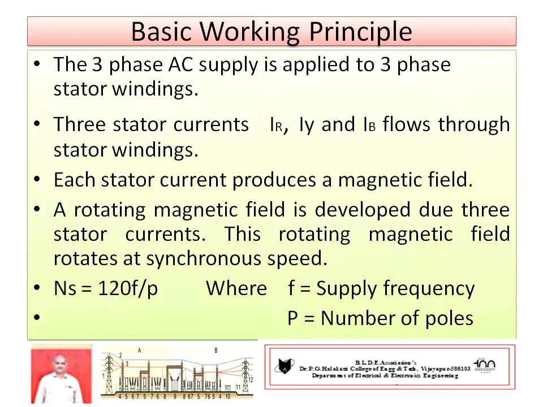Hence, with 3 stator windings, 3 individual magnetic fields are developed. The effect of all 3 magnetic fields is one resultant magnetic field, which has a constant magnitude and rotates at synchronous speed. This synchronous speed Ns equals 120 f by P, where f is the supply frequency and P is the number of poles.